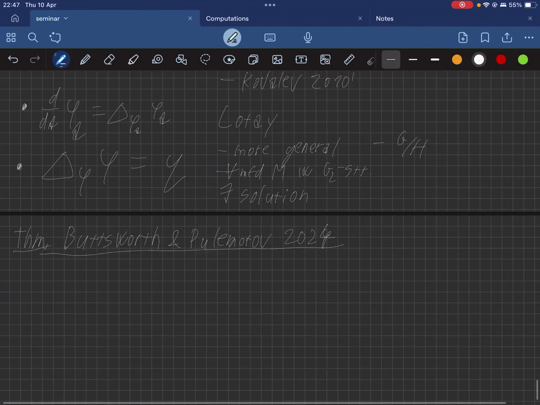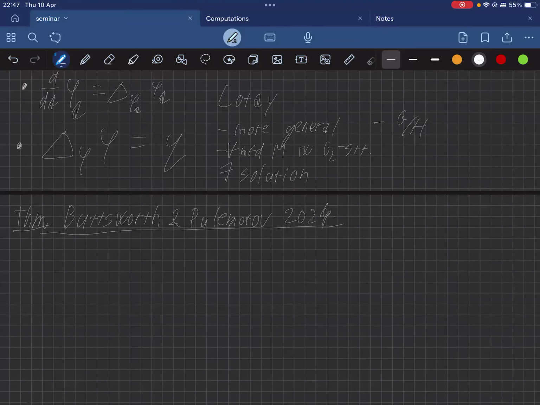They have shown that for every positive and closed 3-form nu, there exists locally a 3-form phi, also positive, such that it solves the Poisson equation.